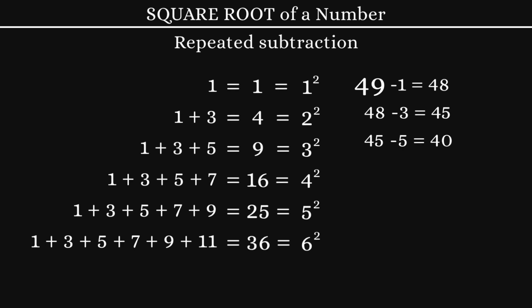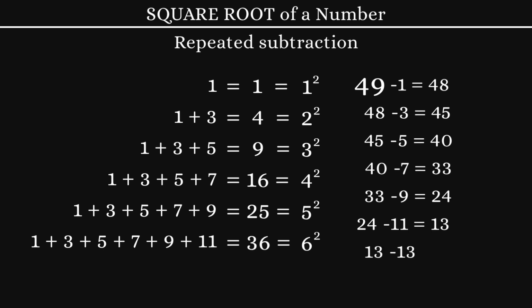We then have 40 minus 7, which is 33. The next odd number is 9. So, 33 minus 9 is 24. The next odd number is 11. 24 minus 11 is 13. Then we have 13. So, 13 minus 13 will give us 0.